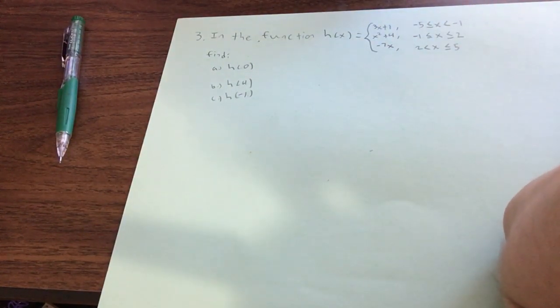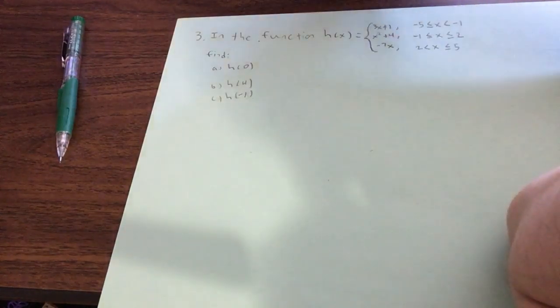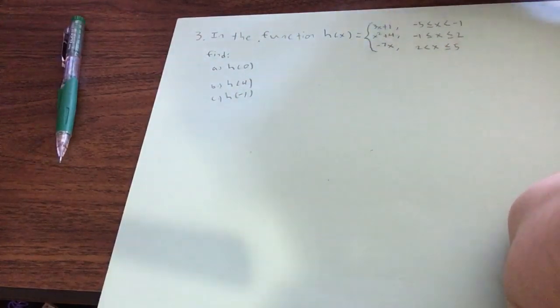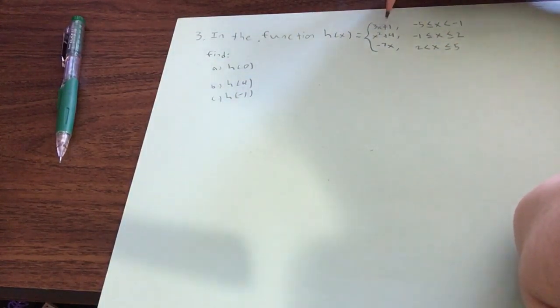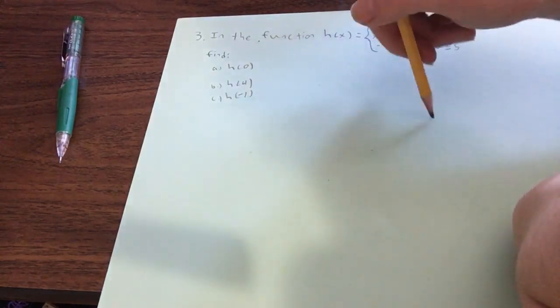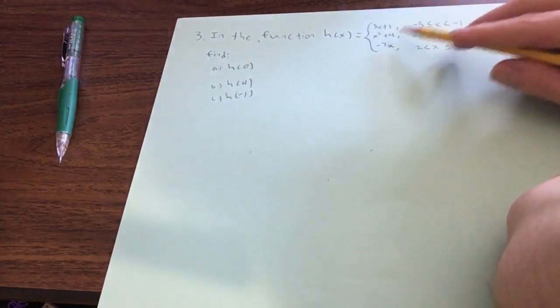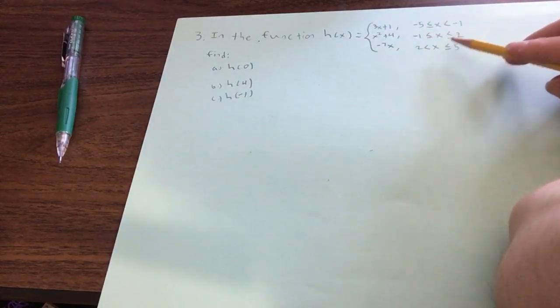Okay. So if you were watching videos 1 and 2 of this series, by now you have some experience with what are called piecewise functions. Piecewise functions are just a set of different equations that are all on one graph together, and they all have different ranges for how long they are on this graph.